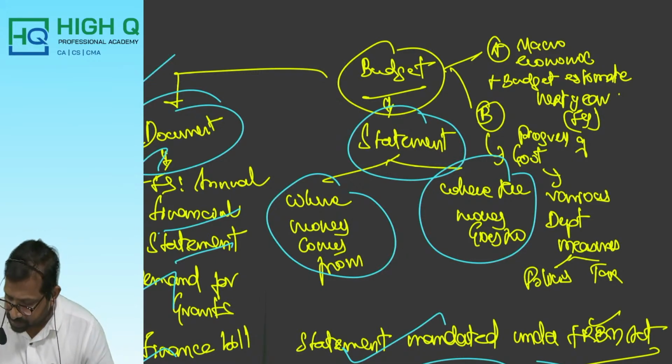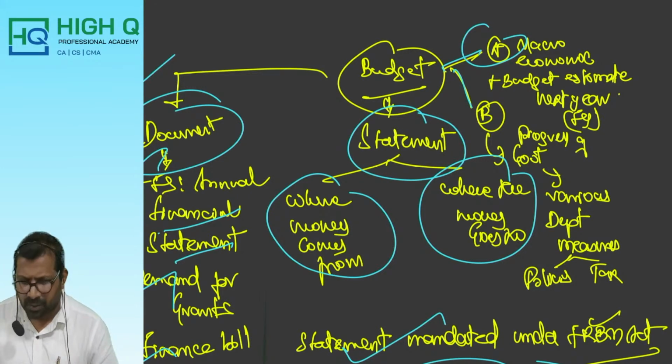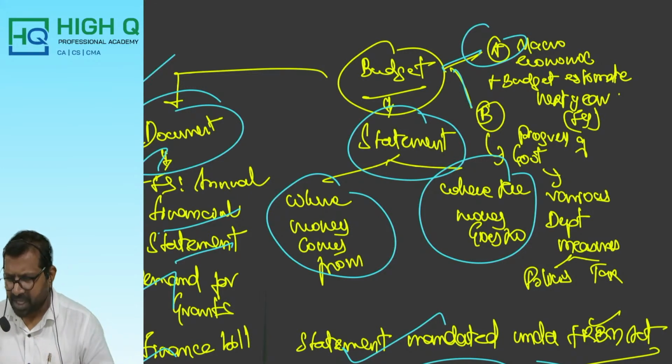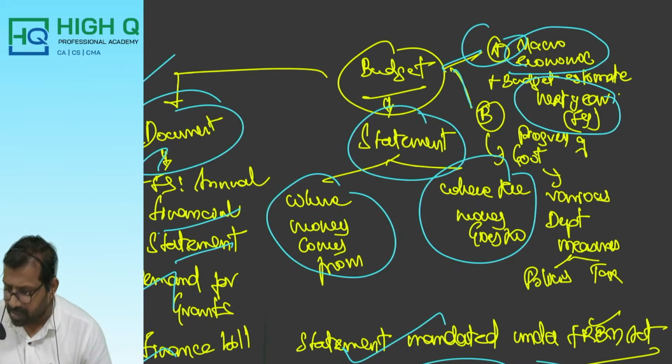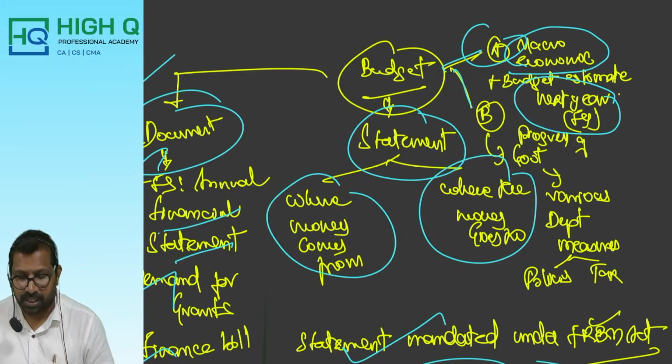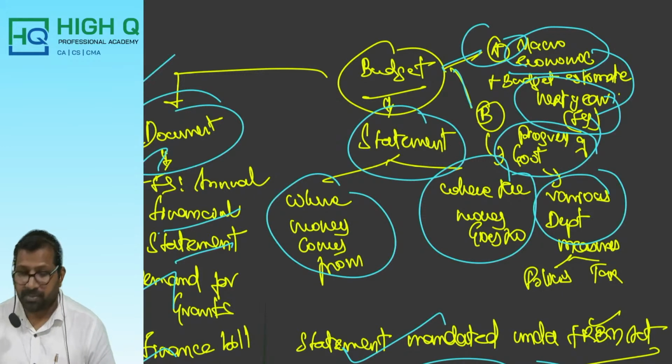And in the budget, there are two important parts. One is part A. What does part A represent? Part A represents the macroeconomic situation plus budget estimates. Budget estimates for which year? The next financial year. So these are the two parts. Part A, and part B, progress of government on various departmental measures.